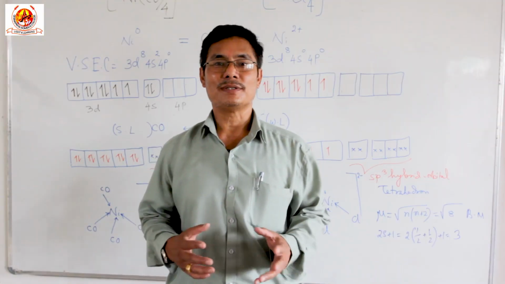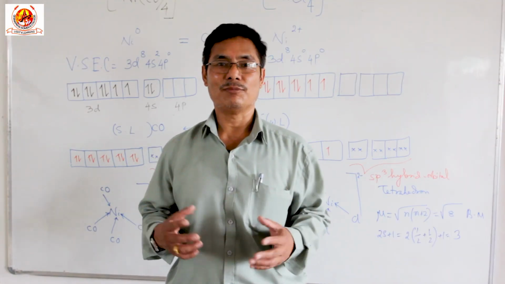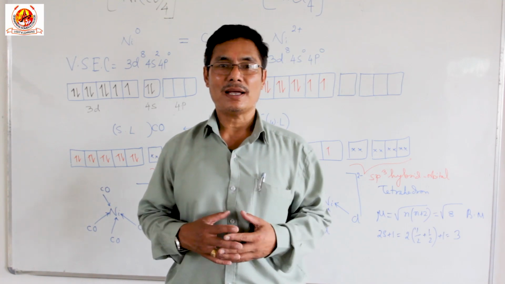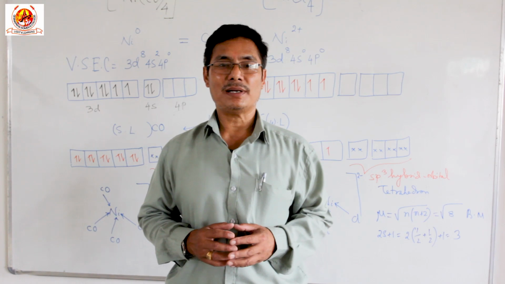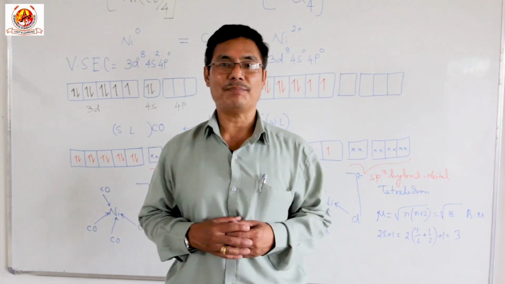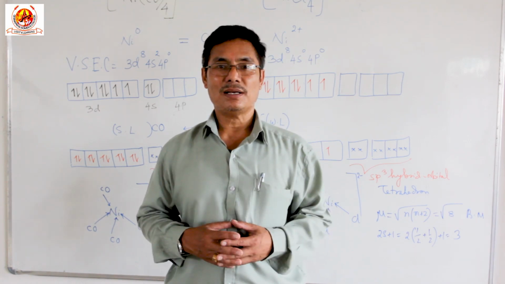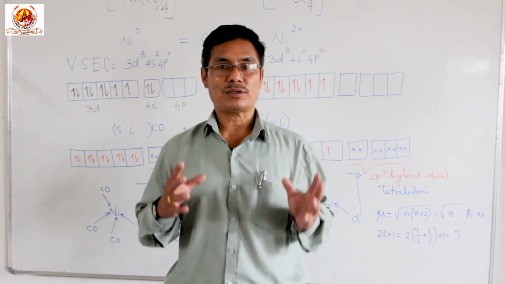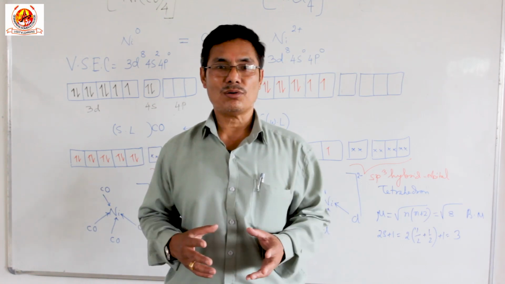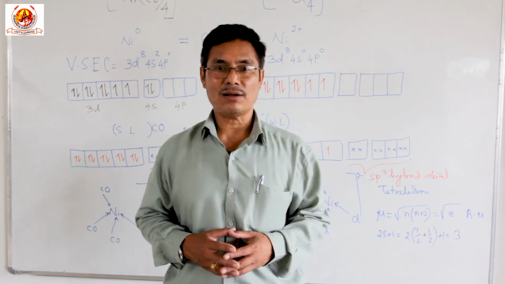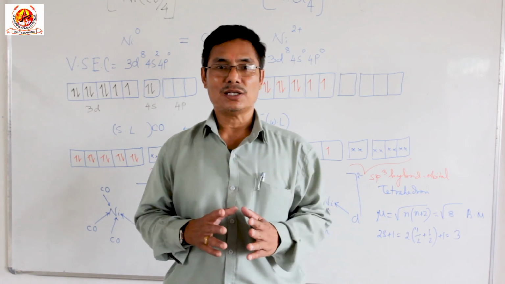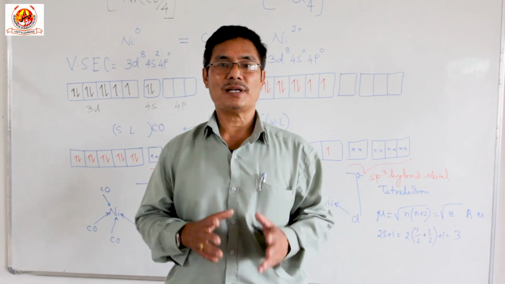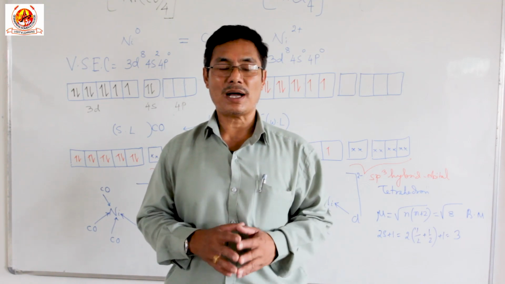I want to give this information: we have learned some ideas by applying the valence bond theory to the four related examples. In the first example, the geometry is octahedral. In the second also, the geometry is octahedral, and there are different magnetic moments due to the different electronic environments between the first and the second.